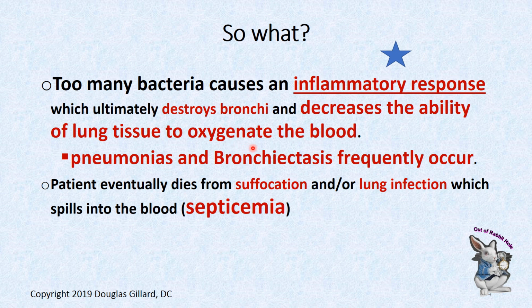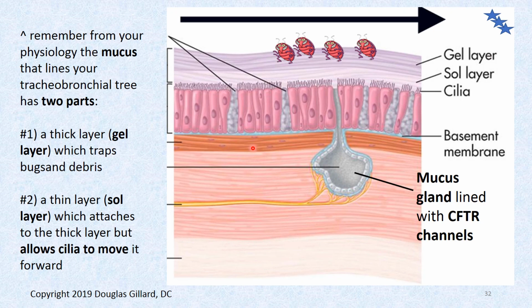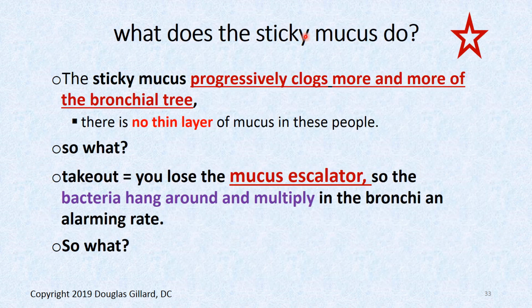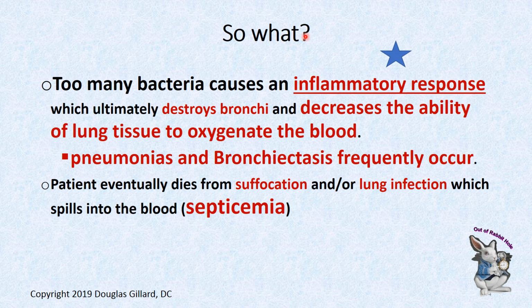Think of this as an infection here. These guys are breeding. Some of them are down here. It's caused an infection. Some of the exudate from the infection is filling this tube up. So it's also cutting off some of the ability to breathe. So too many bacteria cause an inflammatory response, ultimately destroy the bronchi, and decrease the ability of the lung to oxygenate.